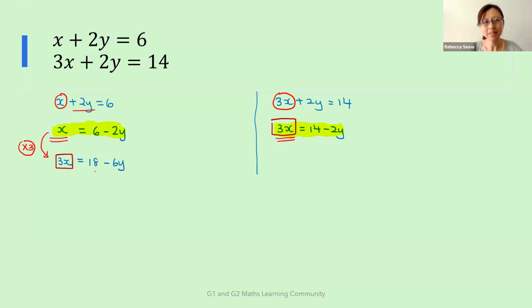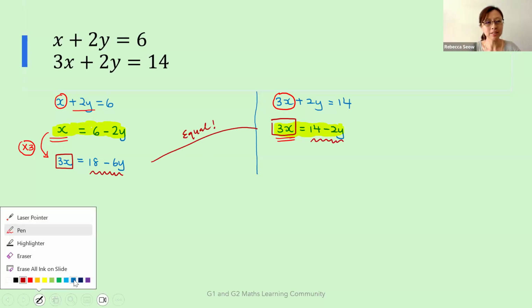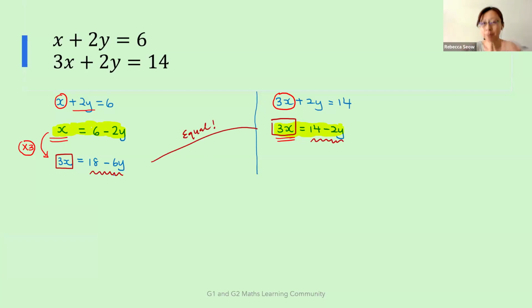So this means that the two equations are equal, and when they are equal, the right-hand side of the equations must then be equal to each other. That is the next important step, where I equate the right-hand sides of both equations. So therefore, 18 take away 6y must equal 14 take away 2y.